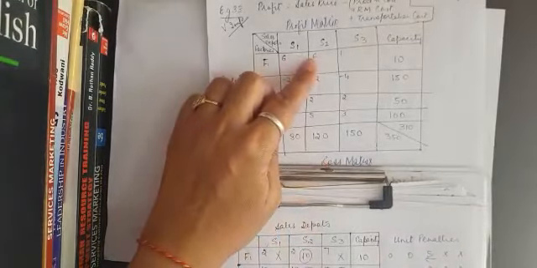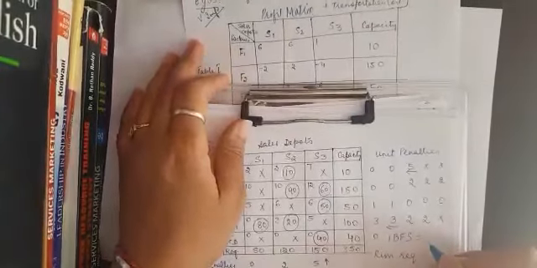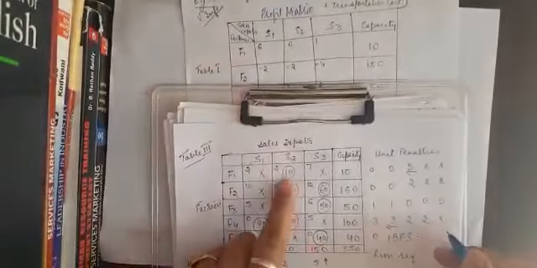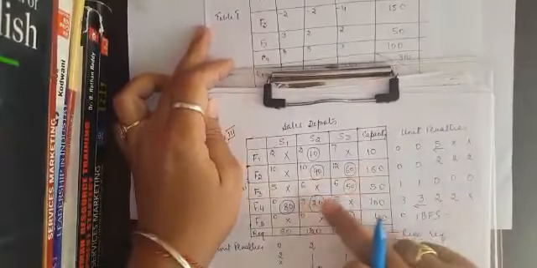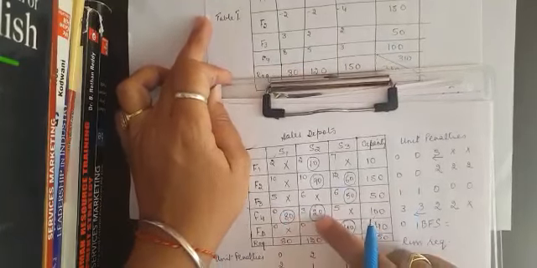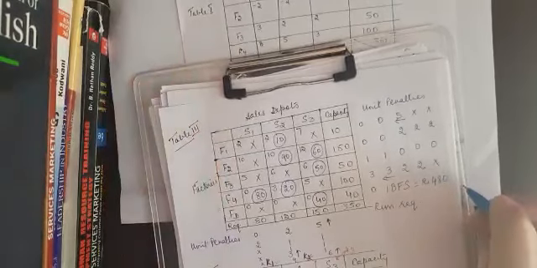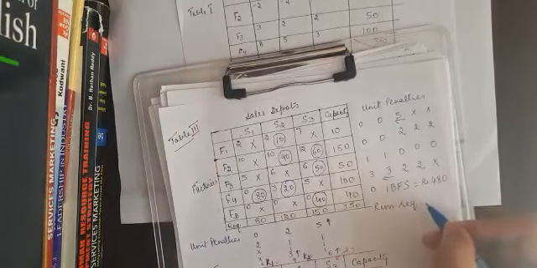You have to multiply the units with the profit matrix, whatever profits are given in the question. So 10 into 6, then 90 into minus 2, then 60 into minus 4, 50 into 2, 80 into 8, 20 into 5. The answer comes to be 480.